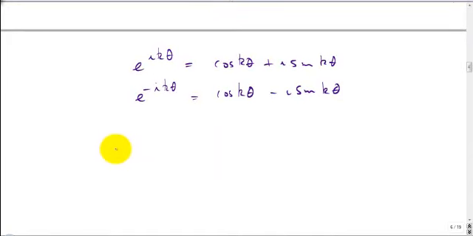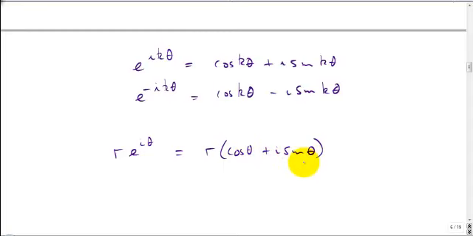So of course you can multiply this across by r, so you'll have r e to the i theta, leaving the k out for this one, that's equal to r into cosine of theta plus i sine of theta.